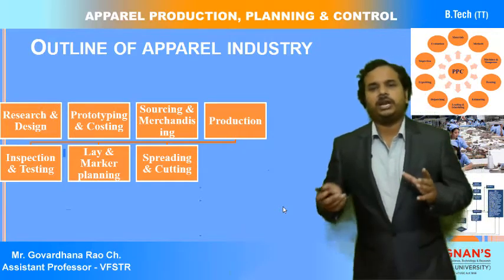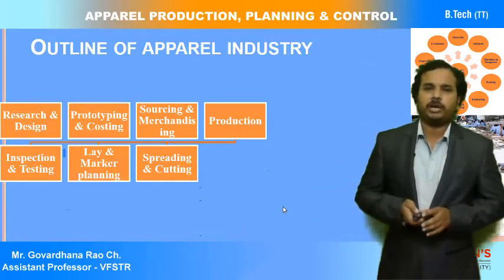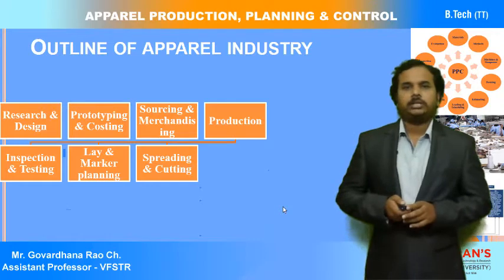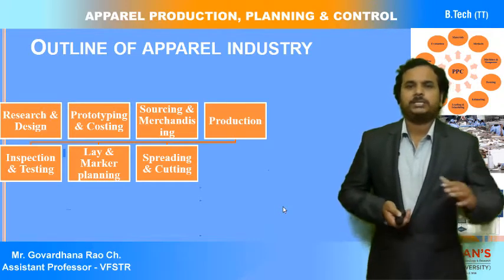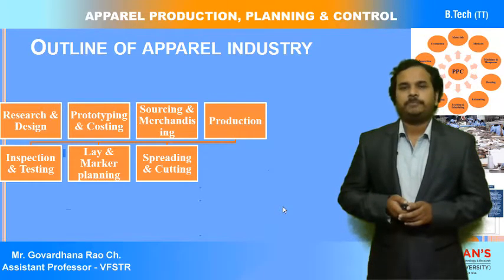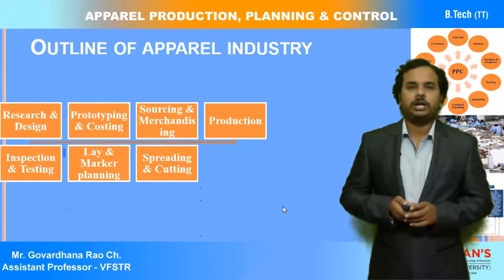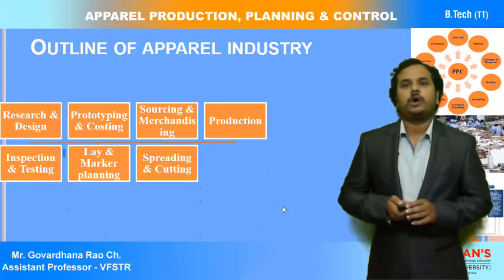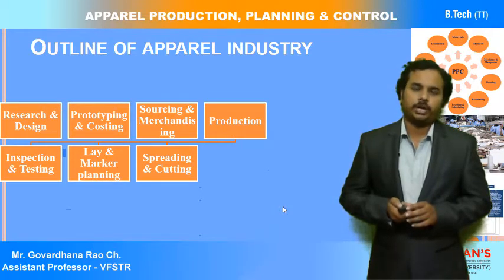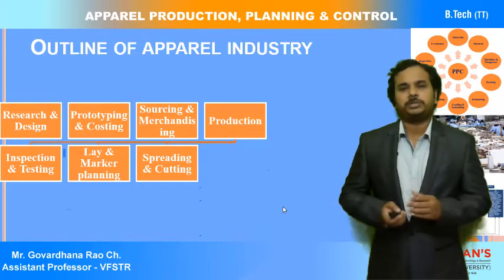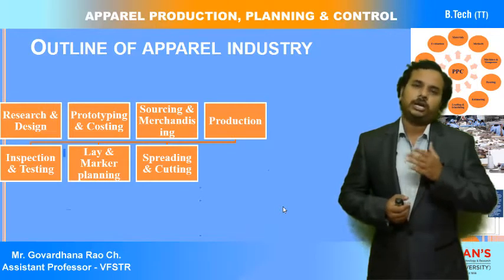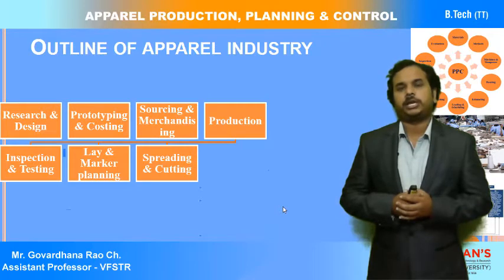The number of layers of fabric, that is the number of plies, depends upon the order we have received and how many markers are required. Depending upon that, the spreading occurs, so that the number of layers is decided.